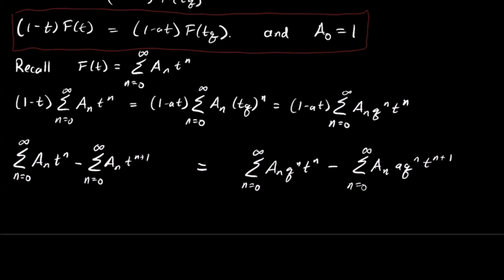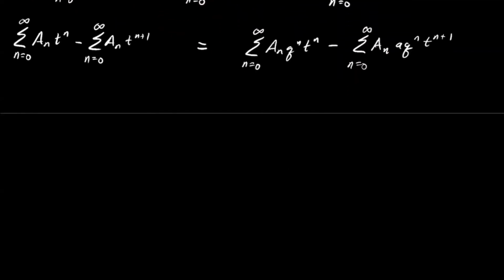Once I have this expression, I'm going to rearrange the sum a little bit. Namely, I'm going to swap two terms. I'm going to take this term right here and bring it over to the right-hand side, and I'm going to take this term right here and bring it over to the left-hand side. So we'll make that change to our equation.